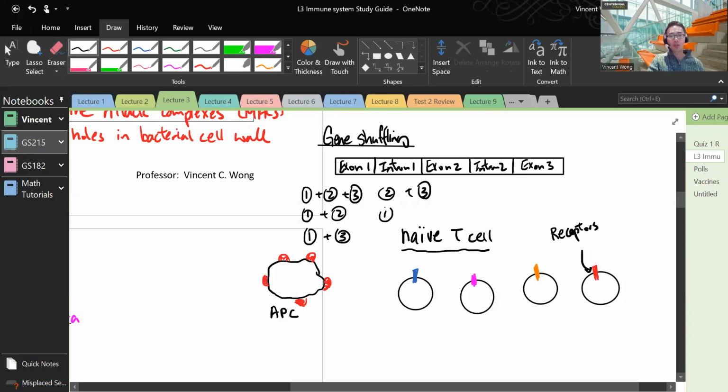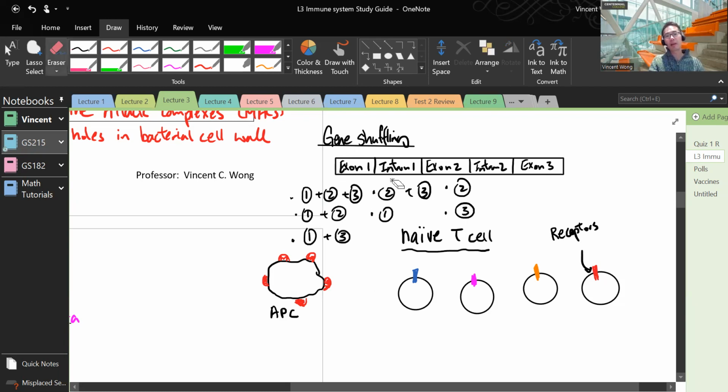Or maybe they just want to use 1. Maybe they just want to use 2. Maybe they just want to use 3. You see? So by choosing different types of combinations, you're shuffling the genes and therefore creating subtle yet important variations in the receptors. Okay, so how many different receptors did I create? 1, 2, 3, 4, 5, 6, 7 different types, right?